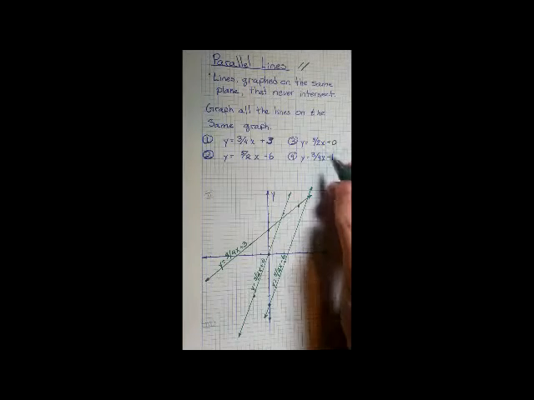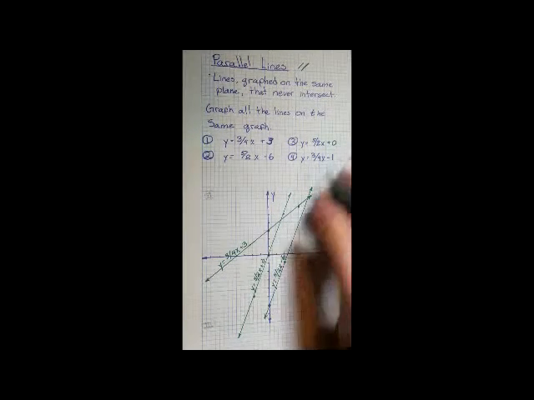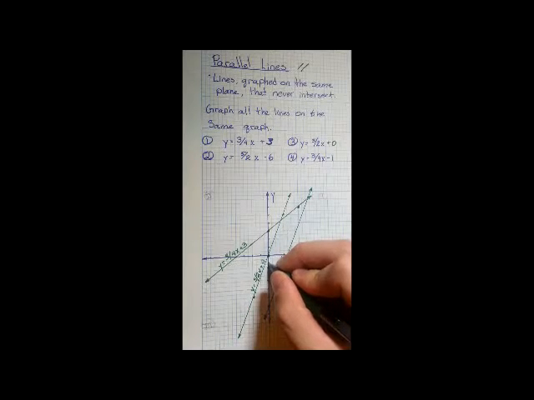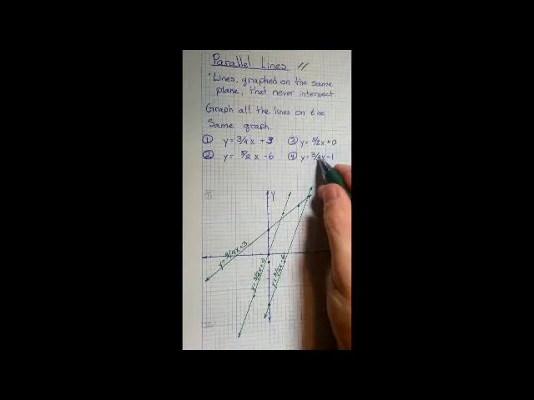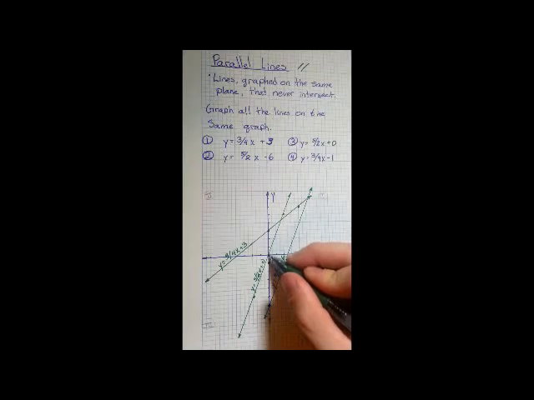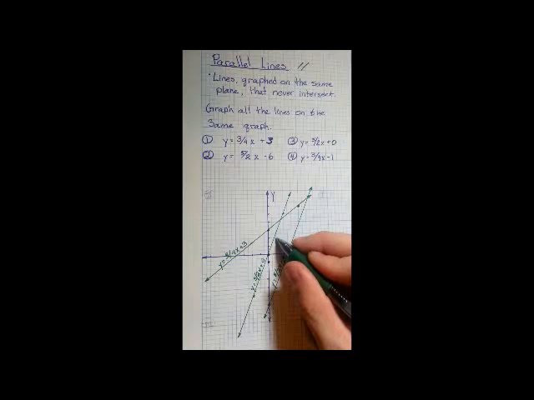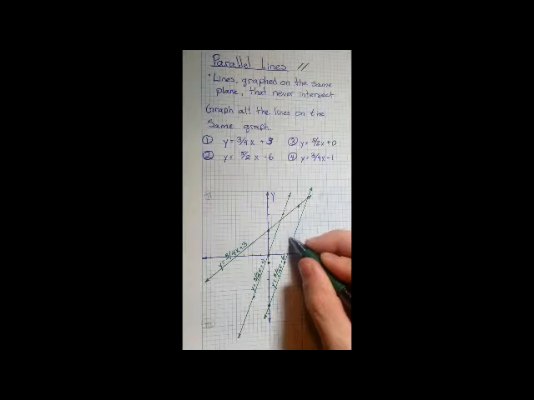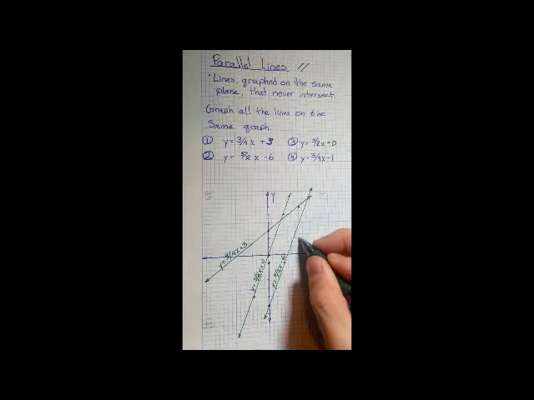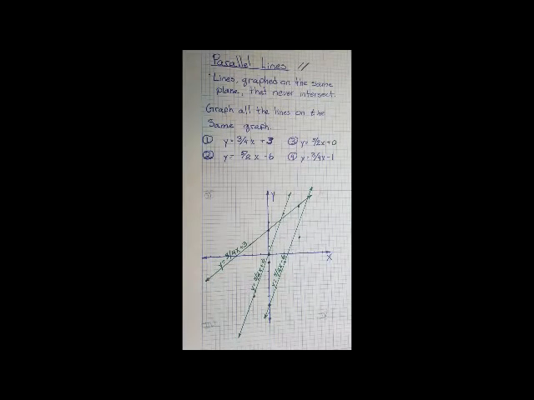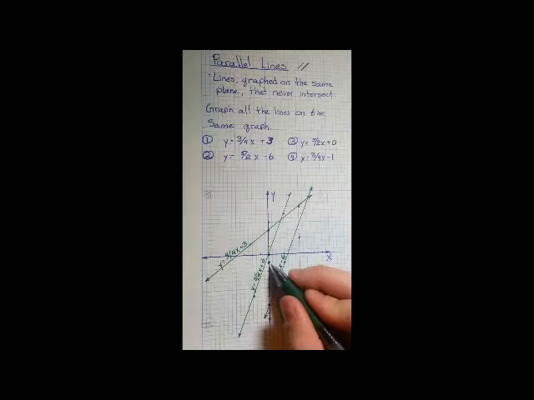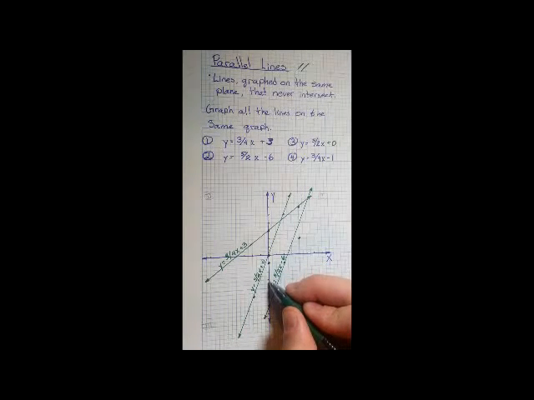Last one. Y-intercept at -1. Slope is 3/4. From here, go up 3 over 4. I can go down 3 and backwards 4 as well.